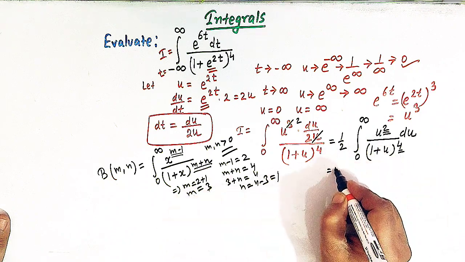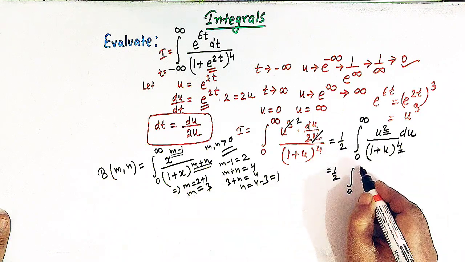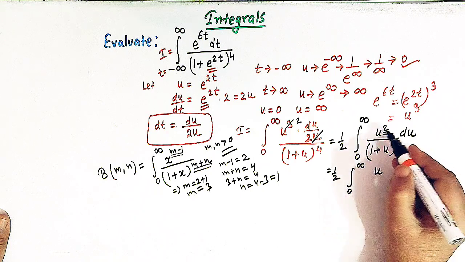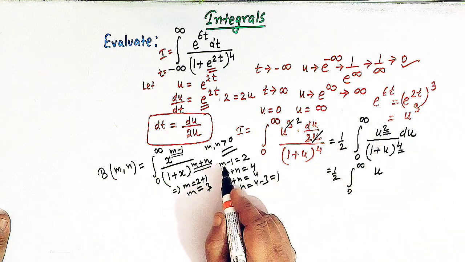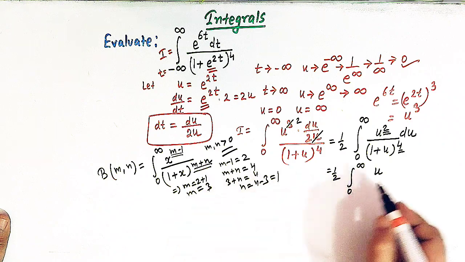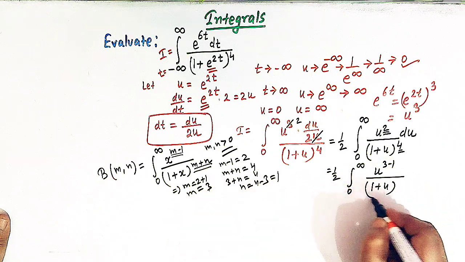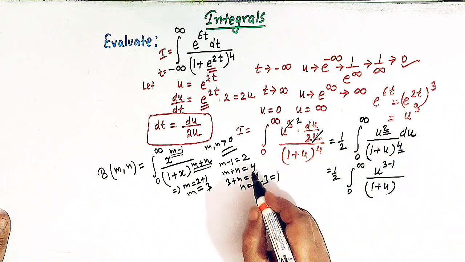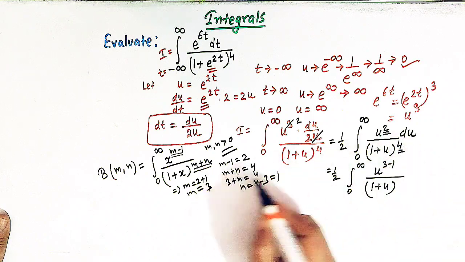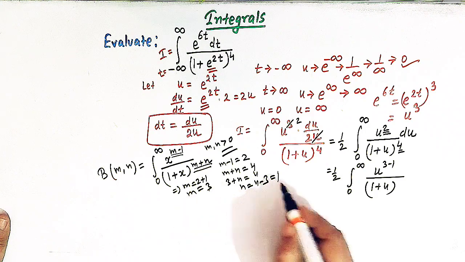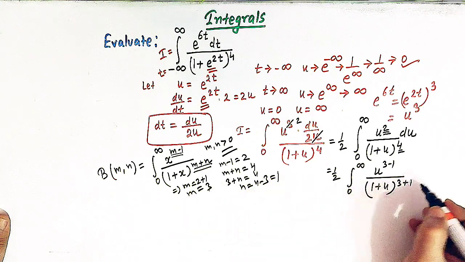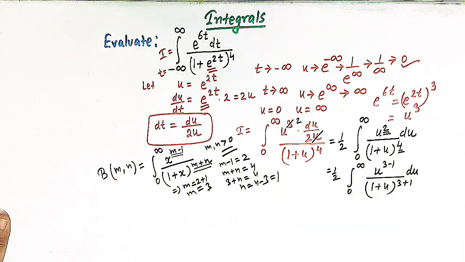Now we can write this integral from 0 to infinity, where u square can be written as u raised to m minus 1, with m is 3, so 3 minus 1, and in the denominator 1 plus u raised to 4, where 4 can be written as m plus n, with m is 3 and n is 1, so 3 plus 1.